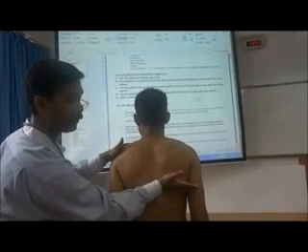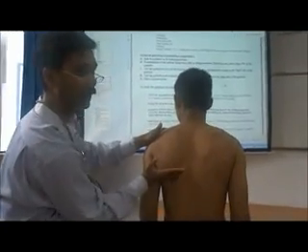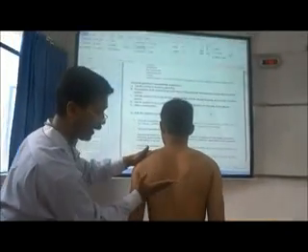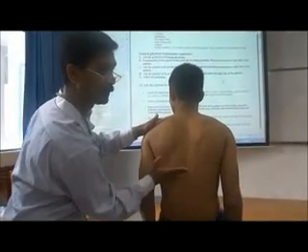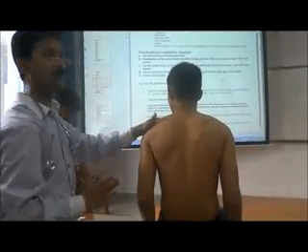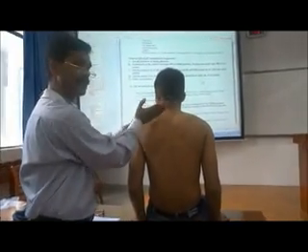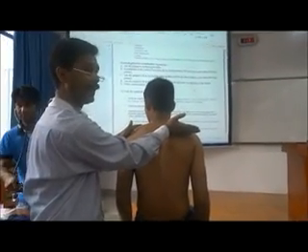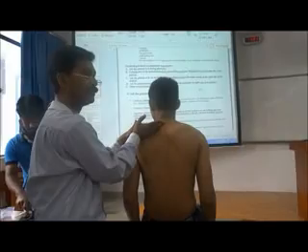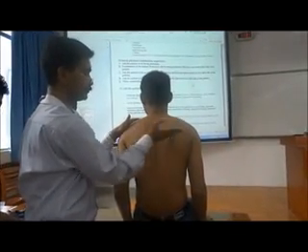But when you are placing your hand, you need to check whether it is on the intercostal space or on the rib. Check on the rib and then on the intercostal space, like this. This is called the vocal fremitus test. When you are placing your hand, you need to tell the patient to say 11 or 99 loudly. 99.